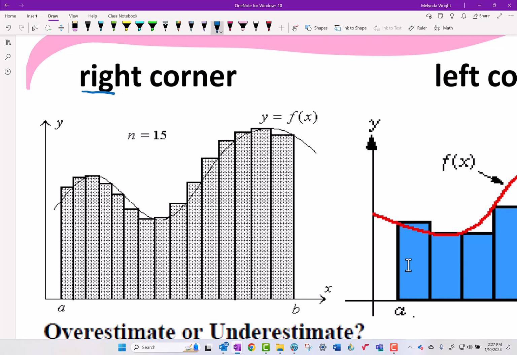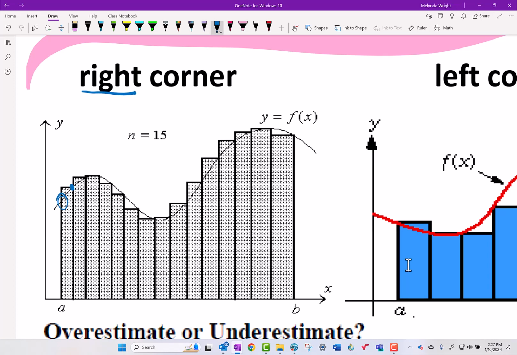If we're doing a right Riemann sum, that means the right corner of the rectangle is what determines the height of the rectangle. Notice how the left part is not anywhere on the curve.